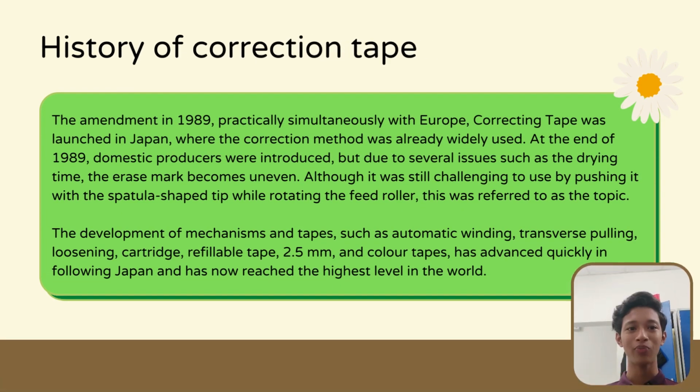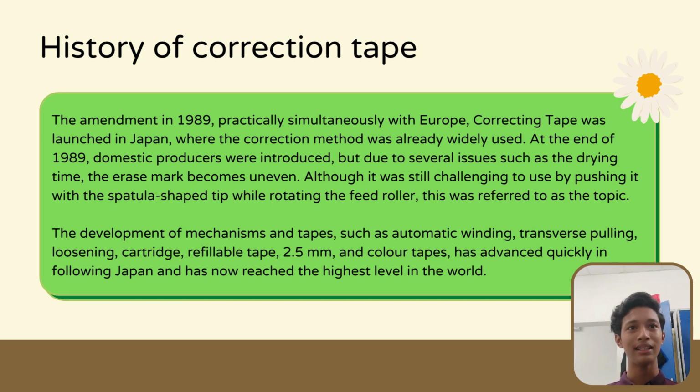Hello, Assalamualaikum. Now is my part, history of correction tape. In 1989, particularly simultaneously with Europe, correction tape was launched in Japan, where the correction tape method was already widely used. At the end of 1989, domestic production was introduced, but due to several issues such as drying times, the eraser mark became uneven.